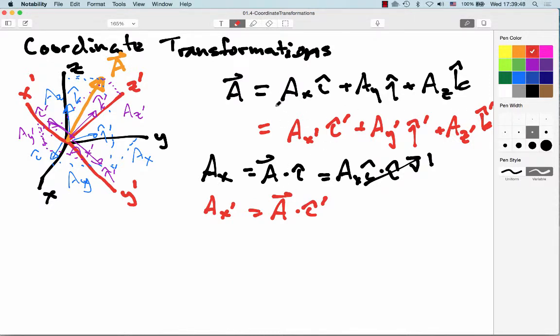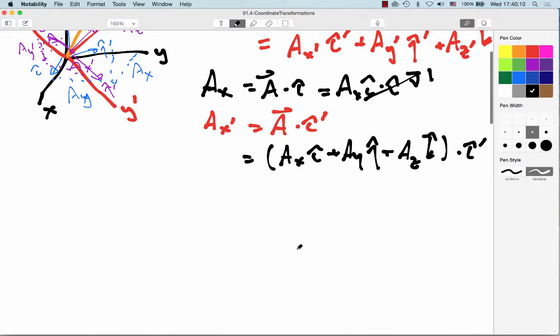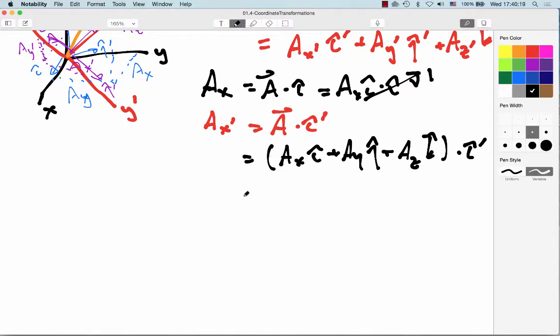If I know my A in the unprimed frame here, this is going to become Ax i hat plus Ay j hat plus Az k hat dotted into i prime. Now remember, the dot product distributes over vector addition, so we'll take advantage of that and express it like so.